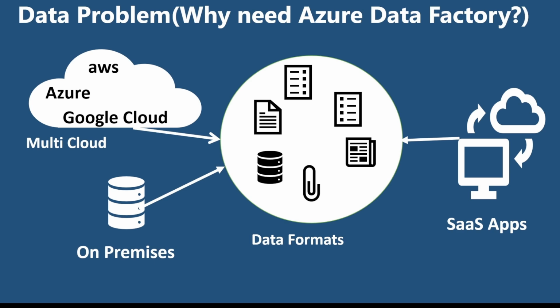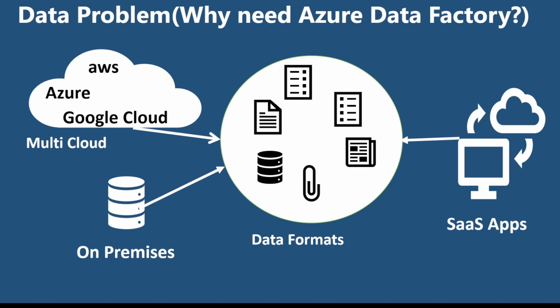Suppose you are working in a gaming company and there are so many logs for your apps. Maybe they have some good feedback, or some errors of your application. So you will create pipelines for ingesting data: some data you have put on the cloud, some on premises, and some maybe coming from SaaS apps.